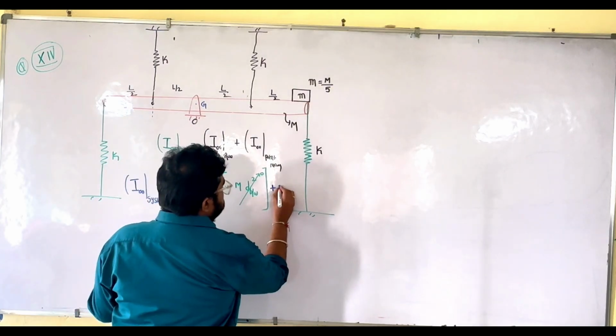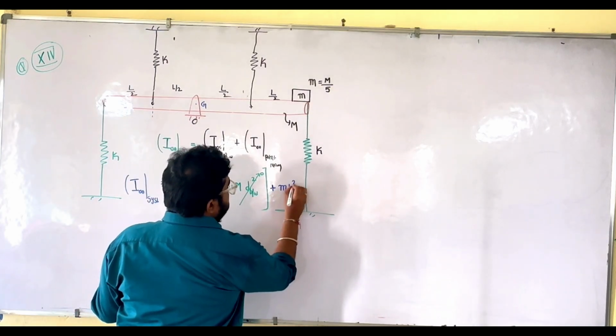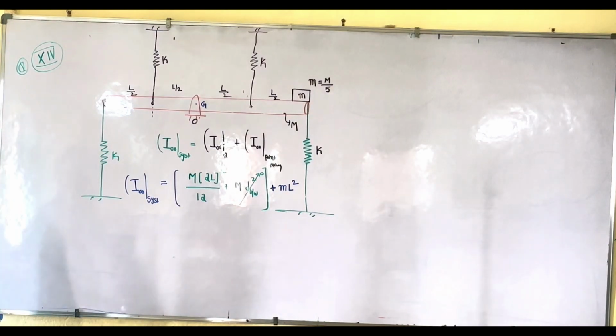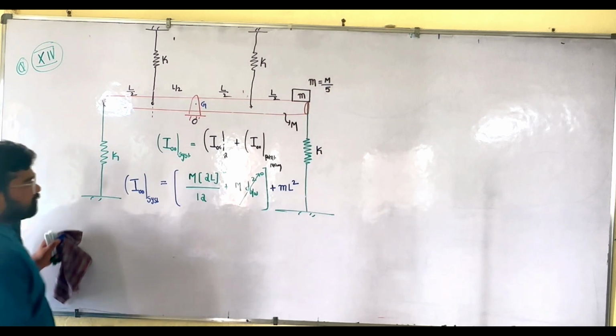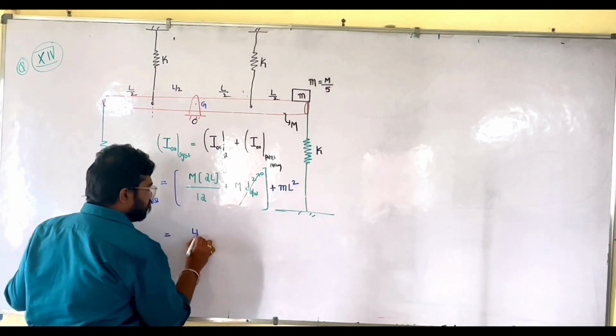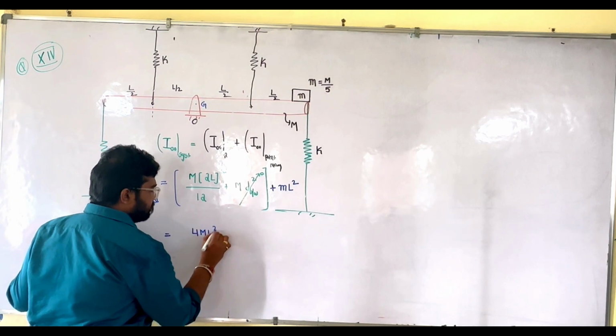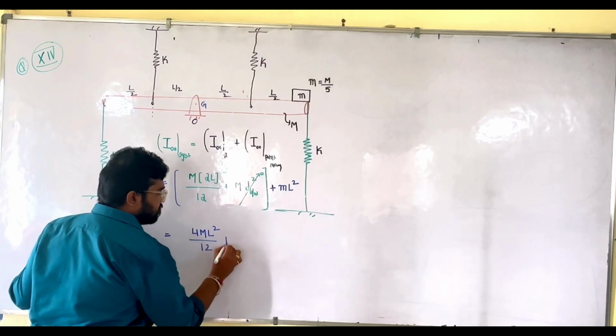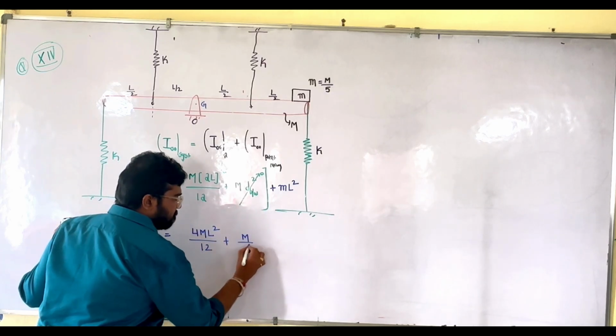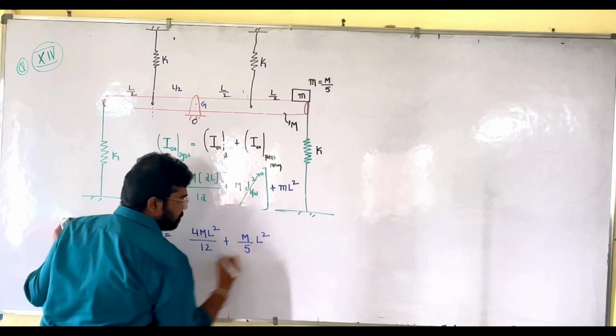Next, coming to the point mass, m into L square. Mass into distance between square. Here we obtain 4 ml square by 12 plus m by 5 L square.